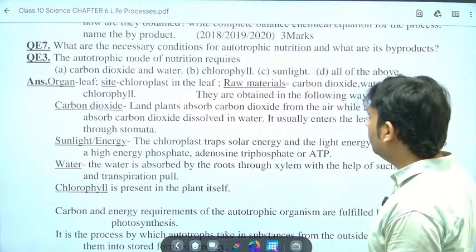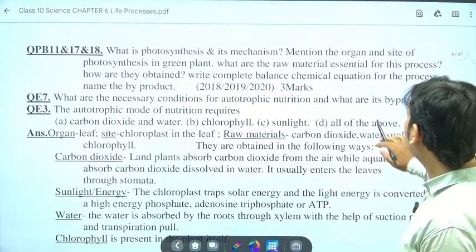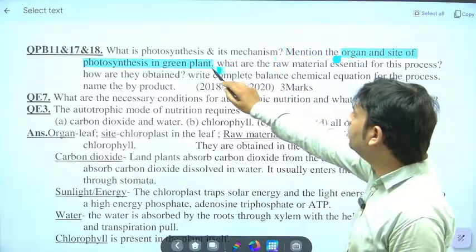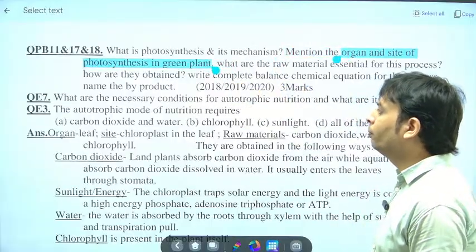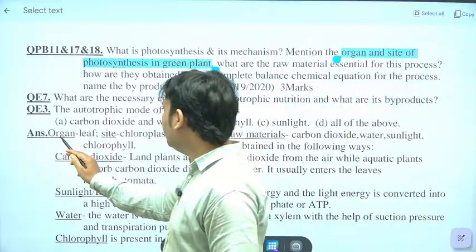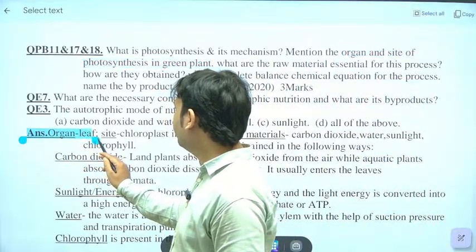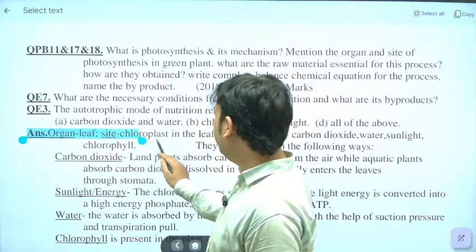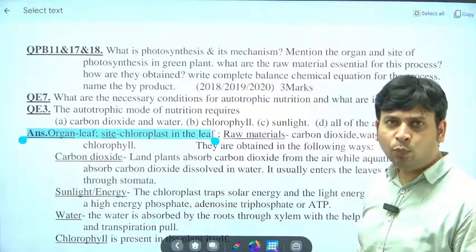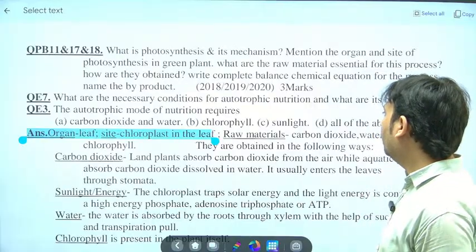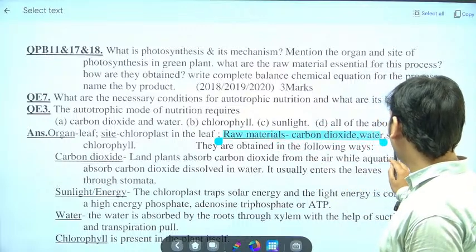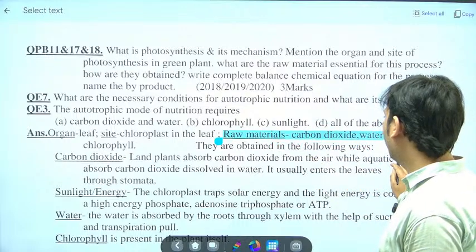And look at this question: organ and site of photosynthesis in green plants. The answer is that the organ is the leaf and the site is the chloroplast in the leaf. And the raw materials are carbon dioxide, water, sunlight, and chlorophyll.